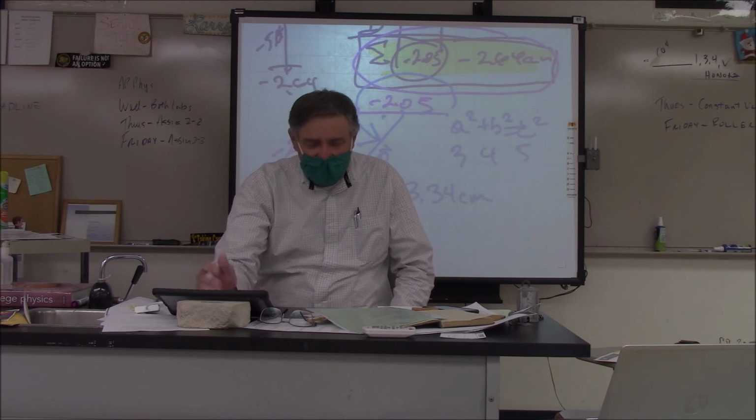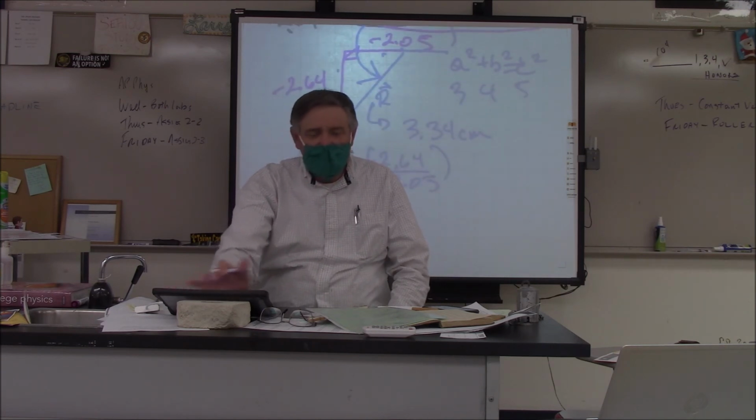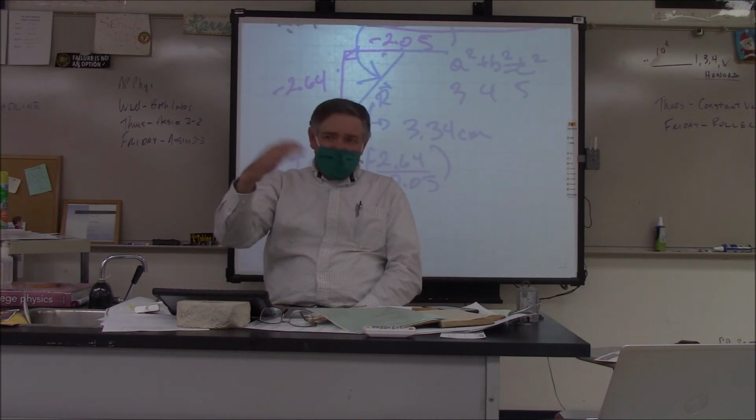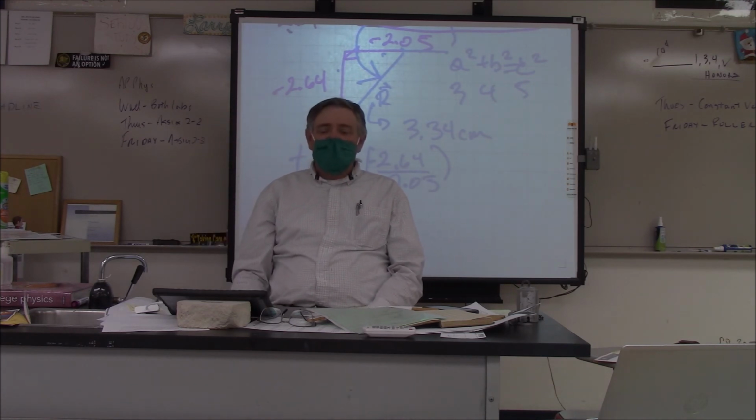the inverse tangent of opposite over adjacent, if I just take negative 2.64 and divide that by 2.05, okay? And we'll put in the negatives. And you know we don't have to put in the negatives because there's two negatives in there and they cancel each other out anyway.